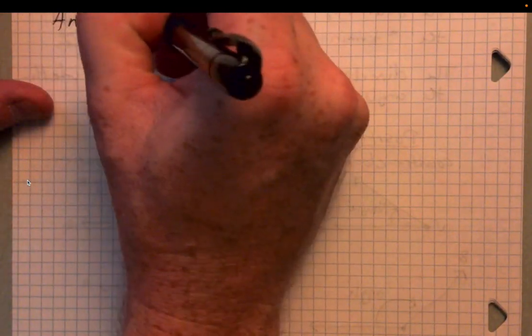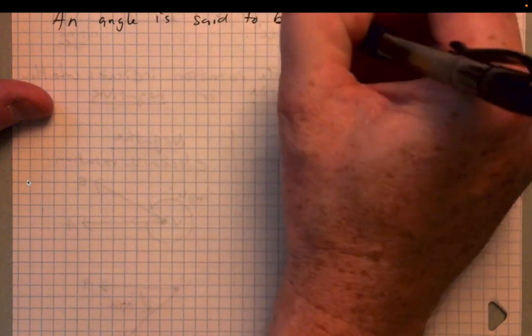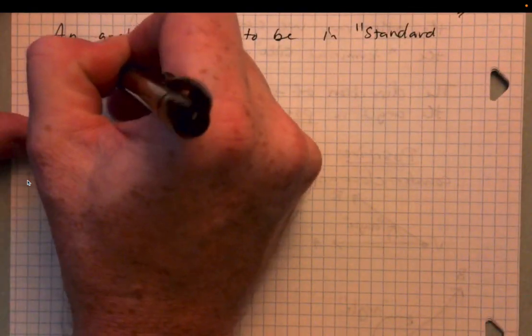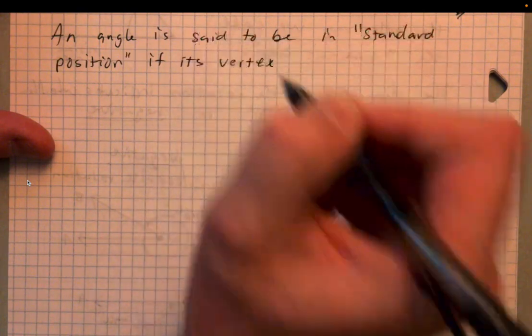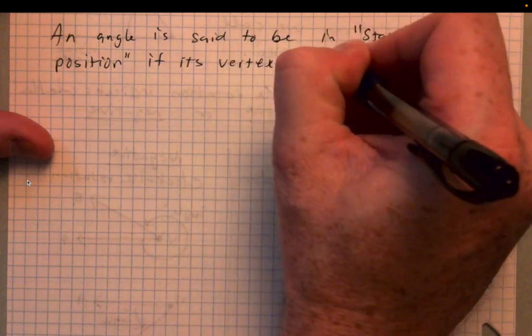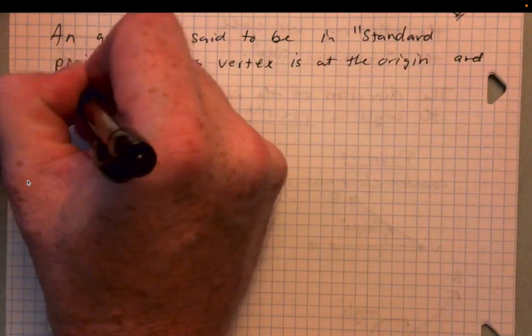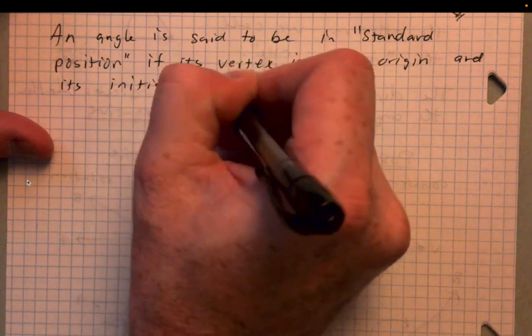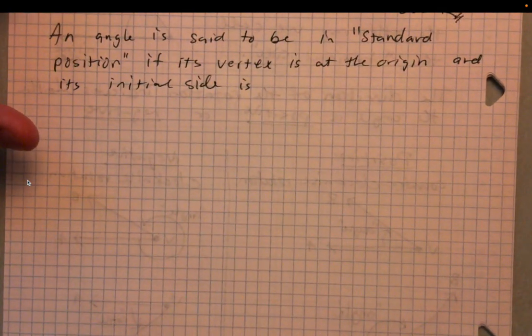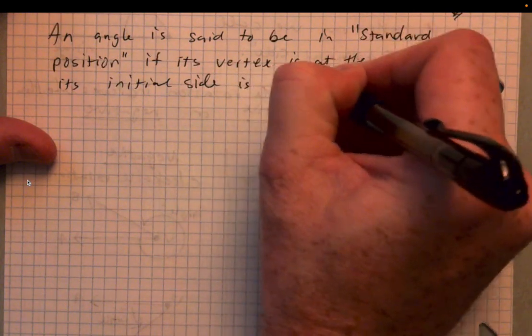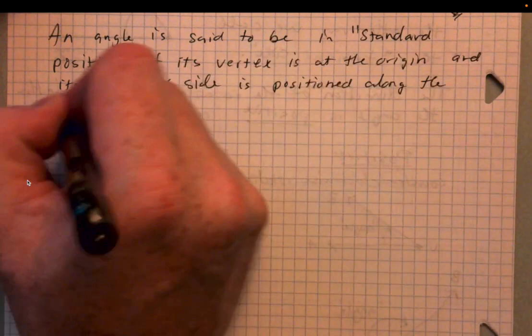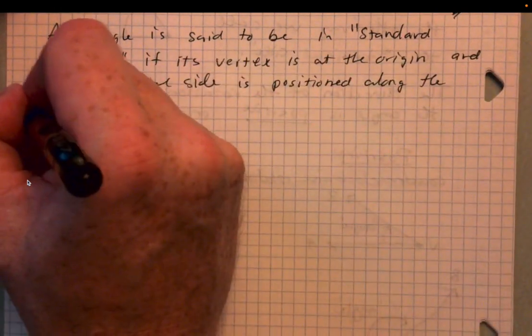An angle is said to be in standard position if its vertex is at the origin, and its initial side is positioned along the positive x-axis. Very important.